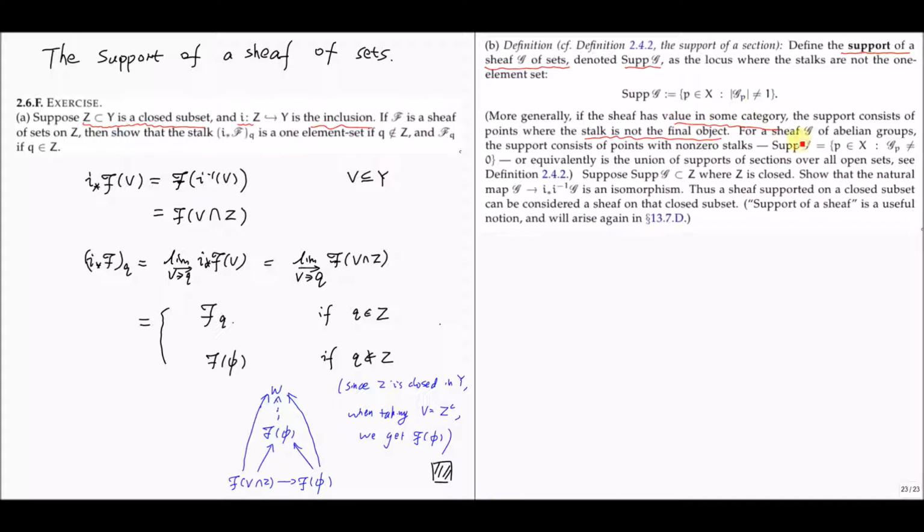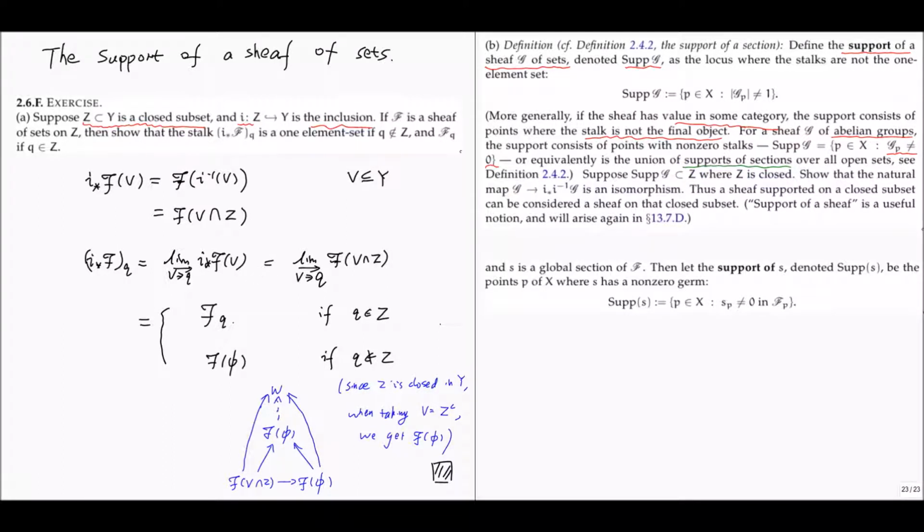And in the category of abelian groups, if the sheaf takes value in the category of abelian groups, then this condition will become that the stalk at p is non-trivial. Recall that previously we have defined the supports of sections. How to combine those two definitions?